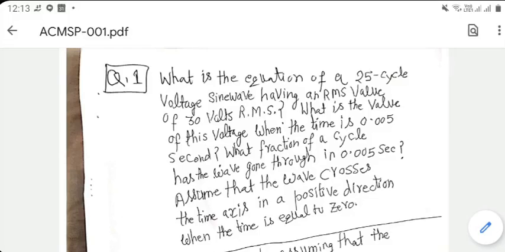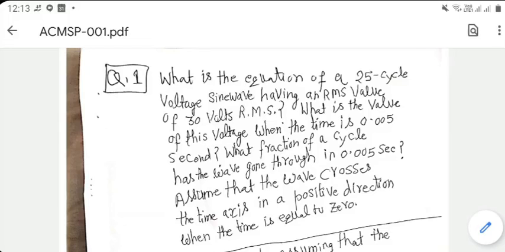What is the equation of a 25 cycle voltage sine wave having an RMS value of 30 volt RMS? What is the value of this voltage when the time is 0.005 second?